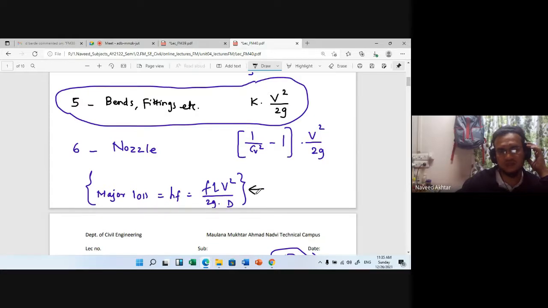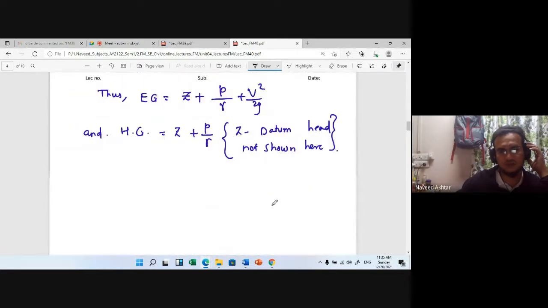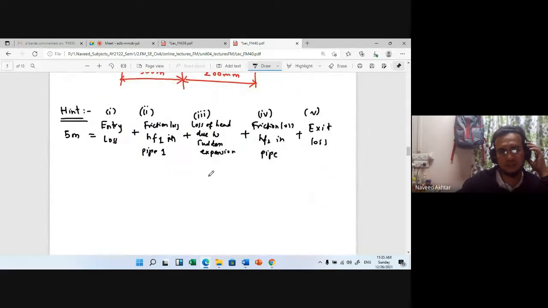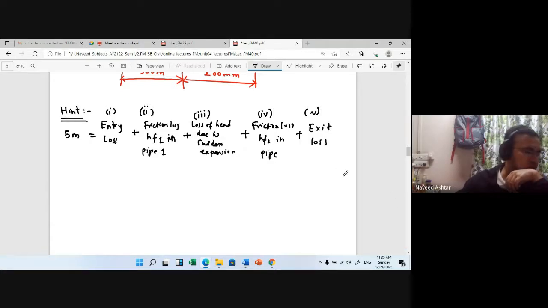So all these values we know, so you can put them in and find each loss in this example. First, find the entry loss, then the friction loss in pipe 1. Third, the loss due to the sudden expansion, then the friction loss in pipe 2, and then the exit loss.